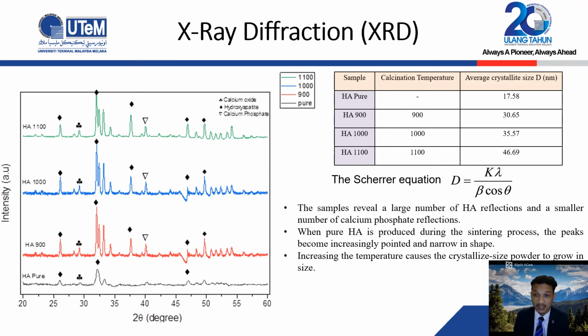To calculate the average crystallite size, we have used the XRD expression using data from the XRD. So increasing the reaction temperature has increased the crystallinity of HA. This finding was supported by Liebman and others.